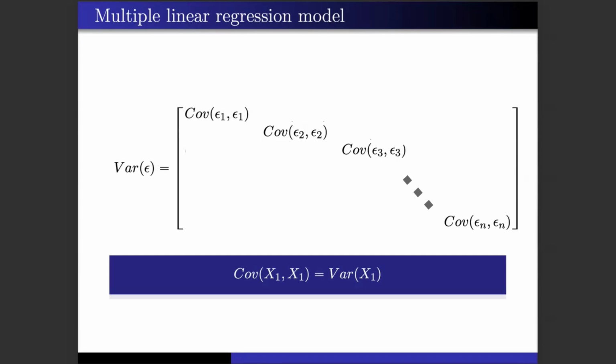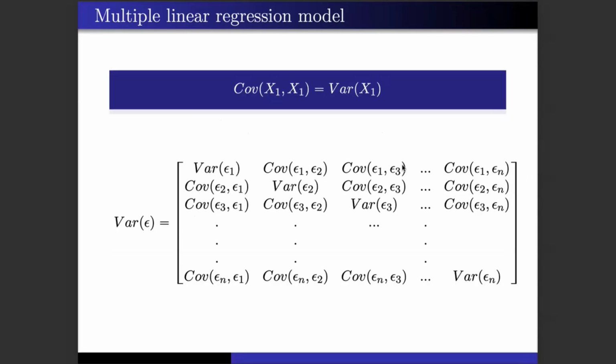And now we use a property of covariance, that covariance of a variable with itself is equal to the variance of that variable. And therefore, all along the diagonal, we would have variance of epsilon 1, variance of epsilon 2, variance of epsilon 3, and the last entry in that diagonal would be variance of epsilon n. And we have this matrix.